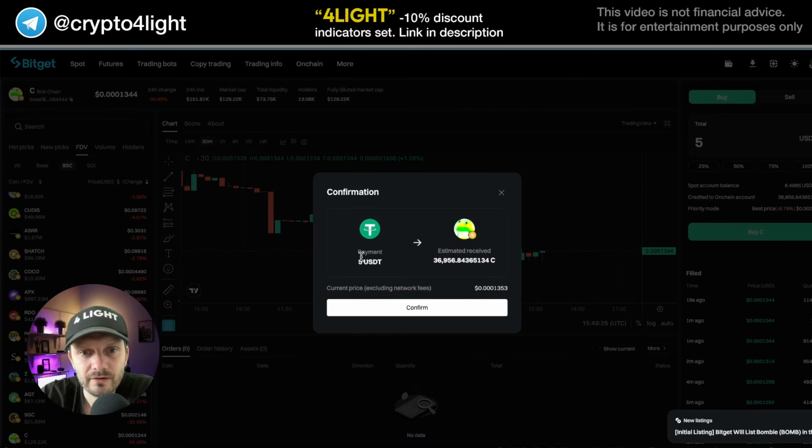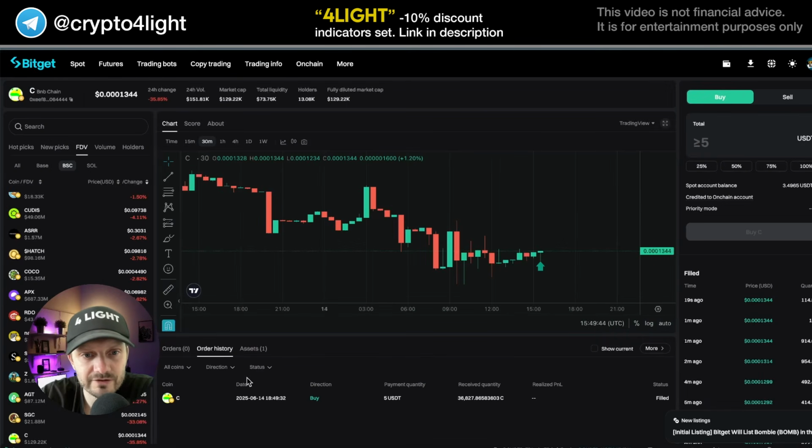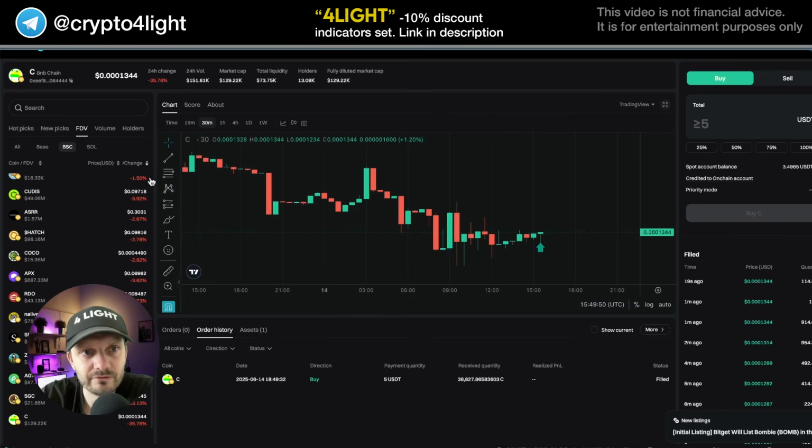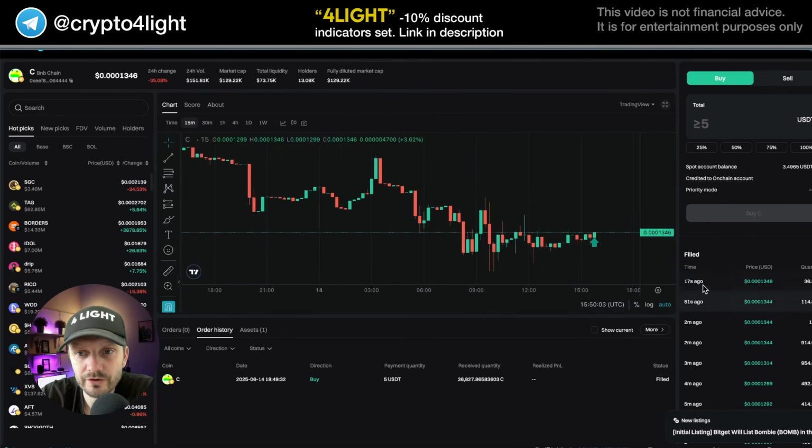See, payment 5 USDT, confirmation, estimated receive, this one current price, this one confirm. So my order is filled. I can double check in order history. Let's refresh the page. Here you can track where you bought the coin. Here, 17 seconds ago, this is my order, and I can check the realized P&L.